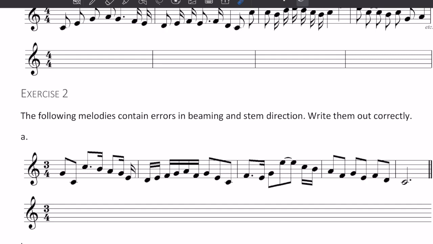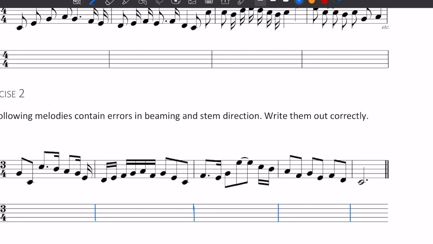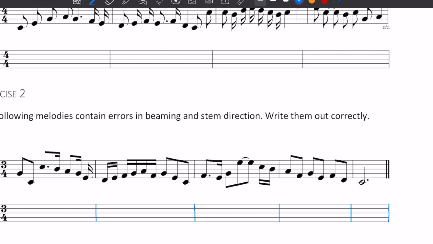So you'll need to look carefully, and then you'll have to rewrite the whole melody in order to correct the mistake. So I would start by first drawing the bar lines, and you can line them up neatly. Again, if you have a ruler, it makes it really easy. Then once you've drawn the bar lines, you can get to work copying that melody, but correcting the mistakes.